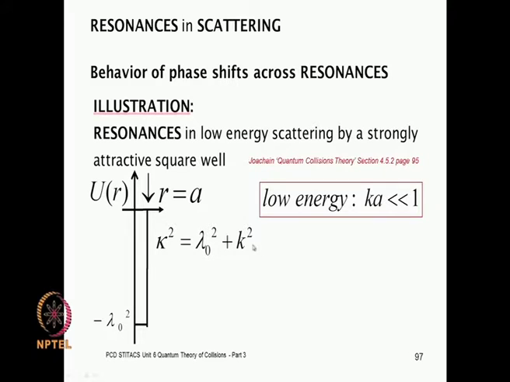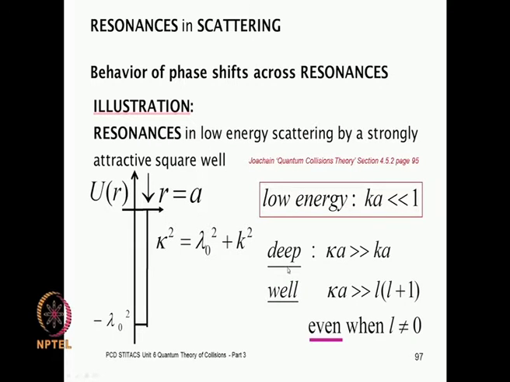And we have used these relations earlier. So, you define the quantum numbers kappa square, which is the sum of lambda 0 square and k square, where k square is the energy of the projectile. It is actually h cross square k square by 2m, but essentially k square is a measure of the energy, right.